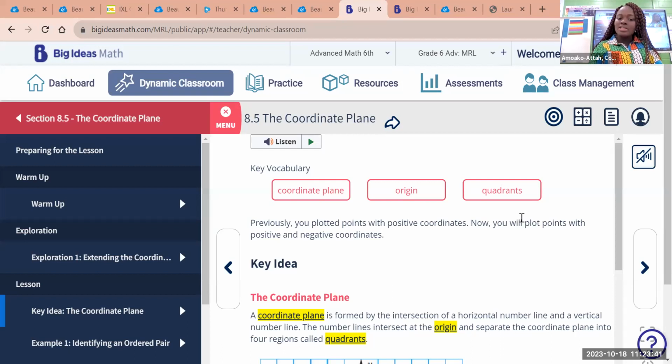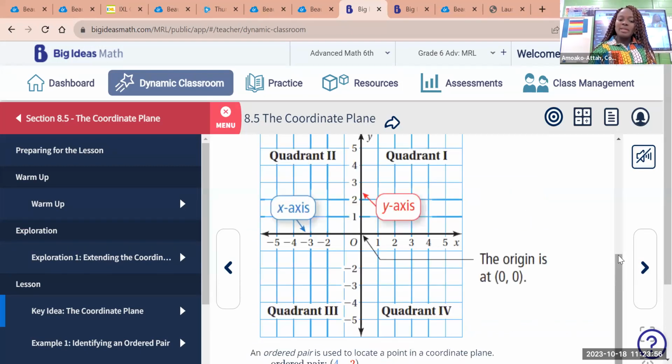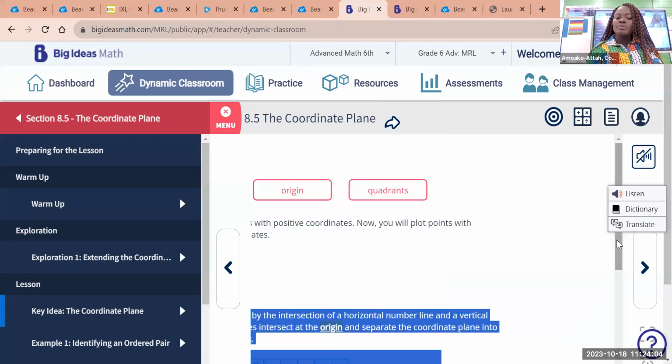By the end of the lesson, you should be able to define these key vocabularies in the standard. When you say coordinate plane, what is it? Origin, what is it? And quadrant, what is it? Let me just go through it with you.